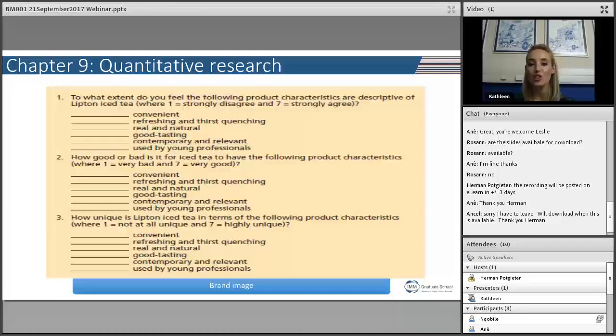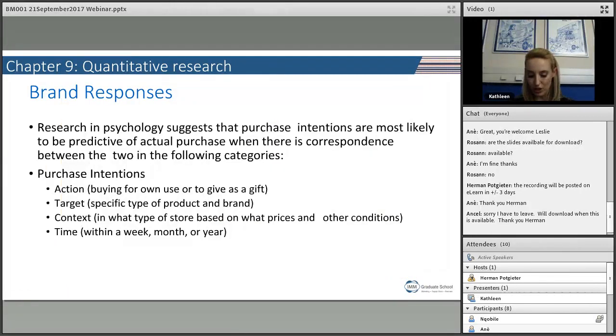These associations should be rated on rating scales, generally a scale of 1 to 5. You have an example in your textbook of a rating scale that was used for Lipton iced tea. Their scaling was on a scale of 1 to 7, and it just rated Lipton on various characteristics. You can find that, it's figure 9.7, and it's on page 344.